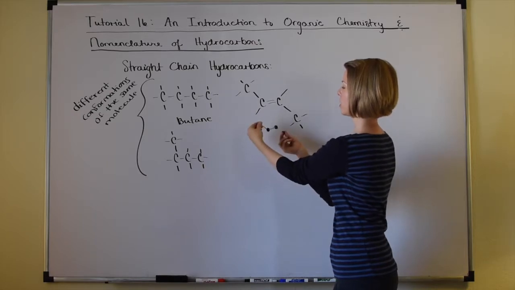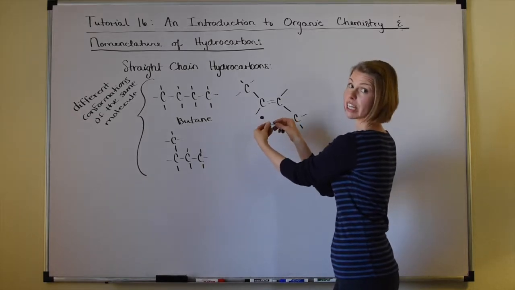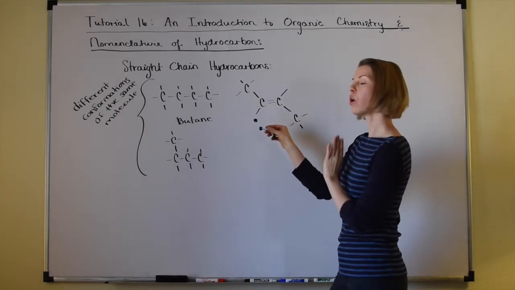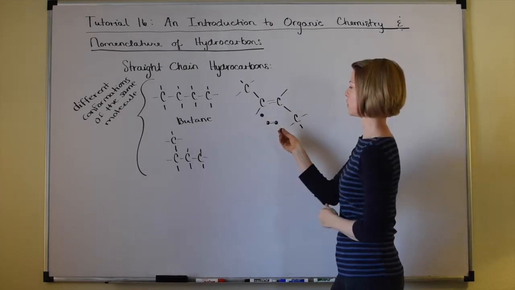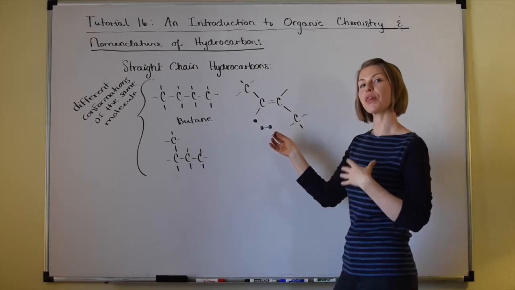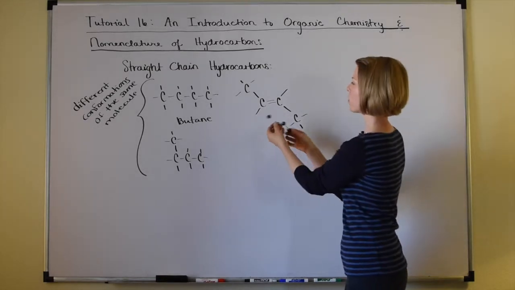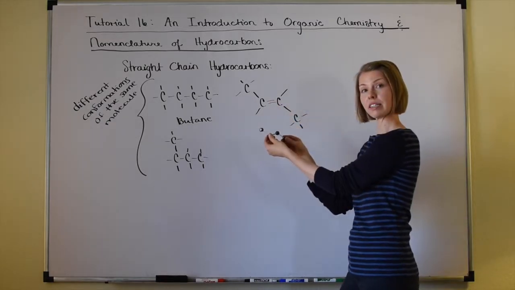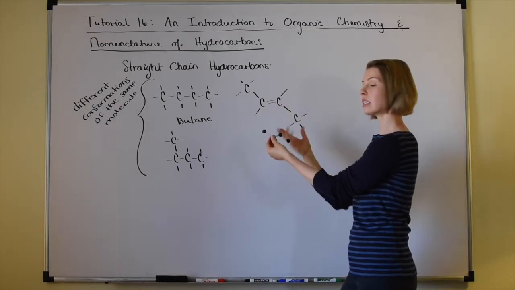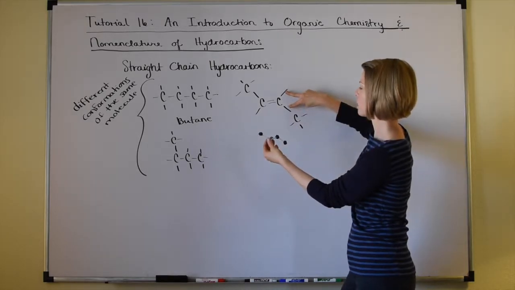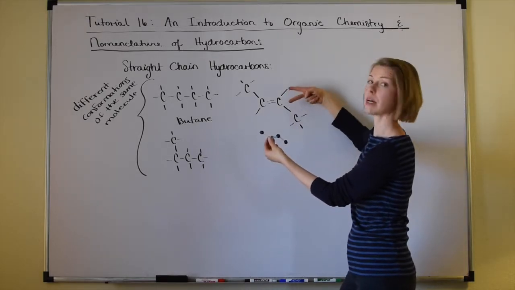So we can get rotation here, but we cannot get rotation about the carbon-carbon double bond. It does not rotate freely. We can actually see that this leads to 2 different 3-dimensional arrangements about that carbon-carbon double bond. We can imagine another 2-butene where these 2 substituents are flipped.